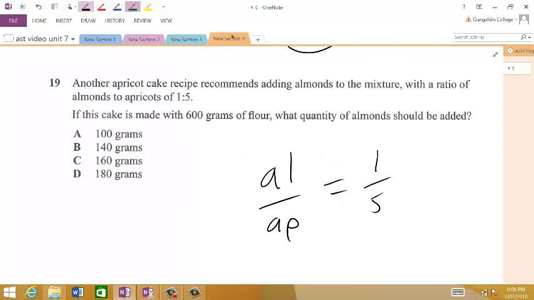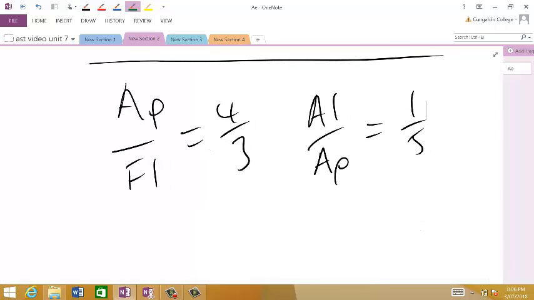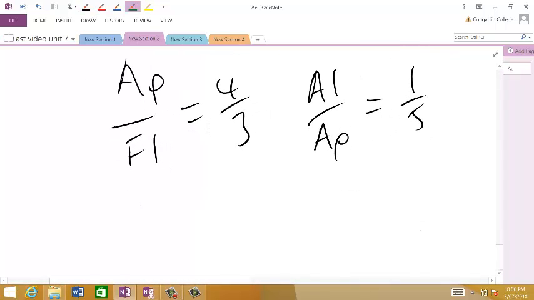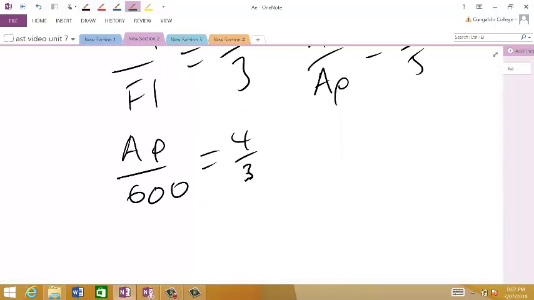And we've got 600 grams of flour, so we've got our 1 known that we can replace this with. So we're going to have apricots over 600 equals 4/3, and we're going to solve this by multiplying by 600. Apricots equals, well, we've got 4 times 600. 600 divided by 3 is 200. 4 times 200 is 800.